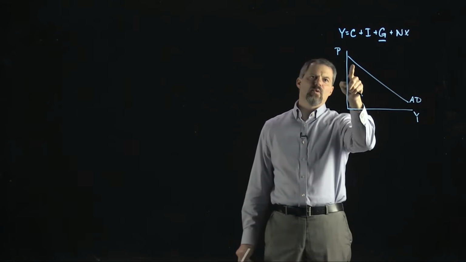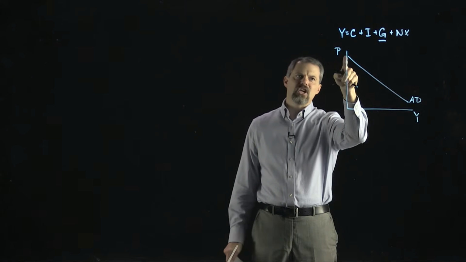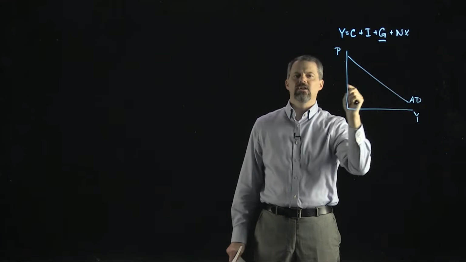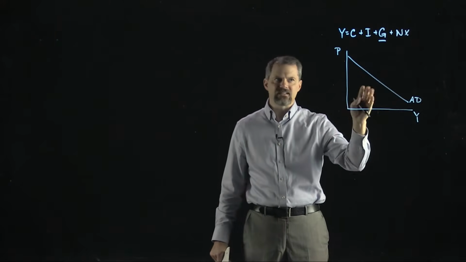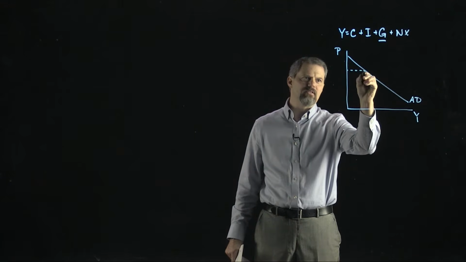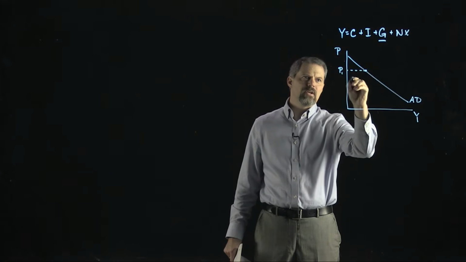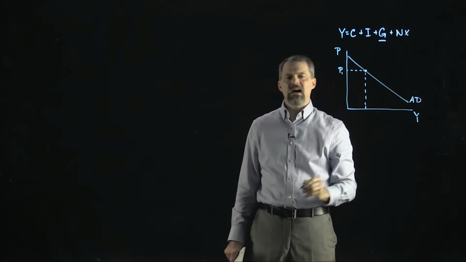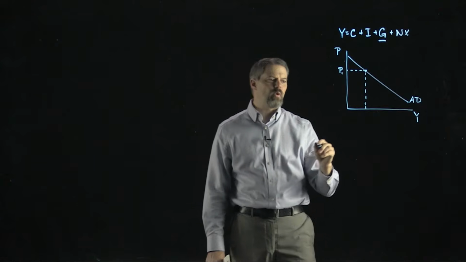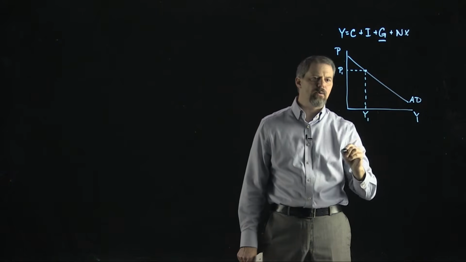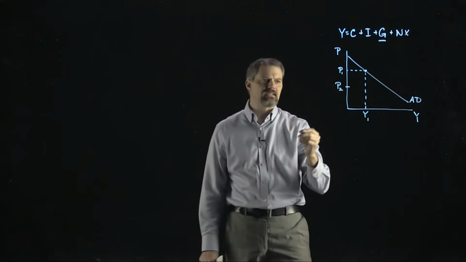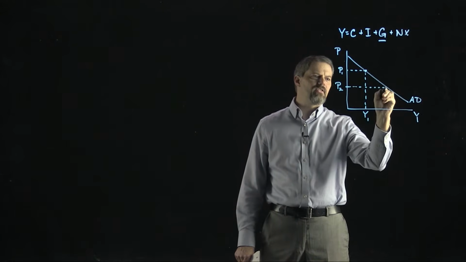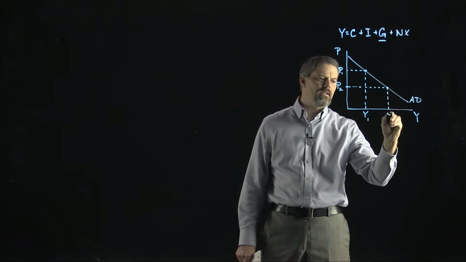What we want to do is think about why a change in the price level would cause consumers overall to want to buy more or less stuff. So if we started with a price level of P1, we could look at the total amount of goods and services that consumers want to buy in the economy. It's Y1. If we decrease the price level, we would see that consumers want to buy a higher quantity.